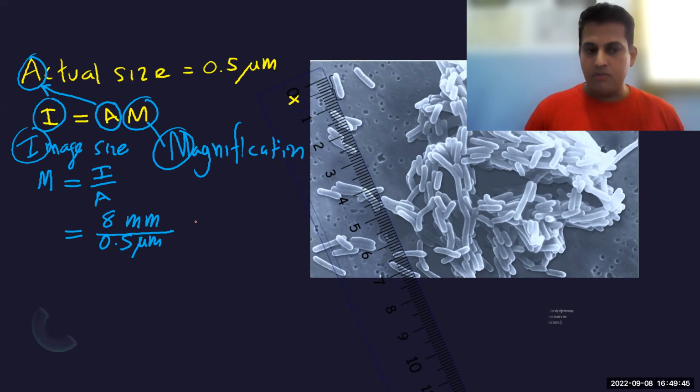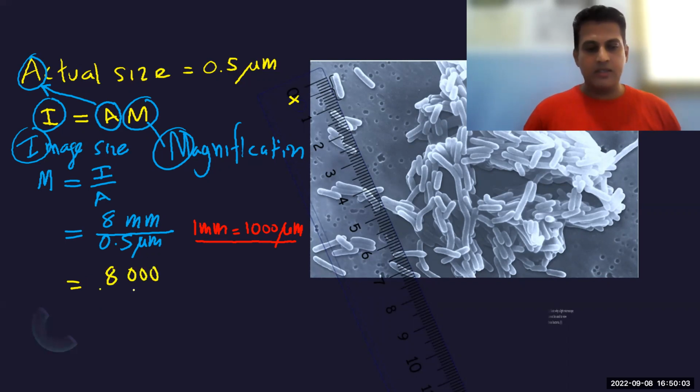So what you need to remember: 1 millimeter equals 1000 micrometer. This should be remembered, right? Then if you can remember this one, we can rewrite again 8 converted into micrometer, 1000, divided by 0.5 micrometer. On this side is also micrometer.